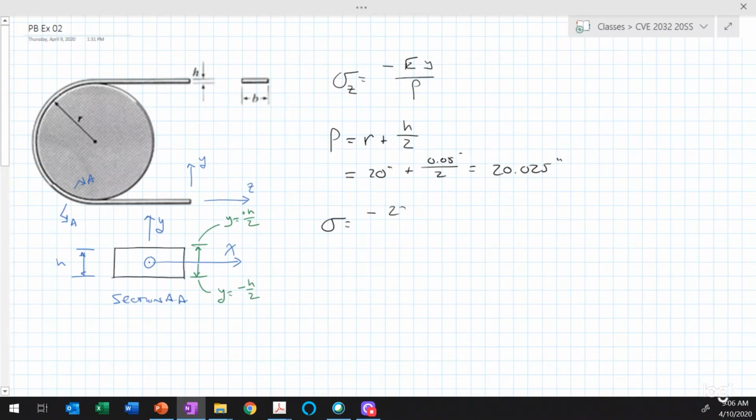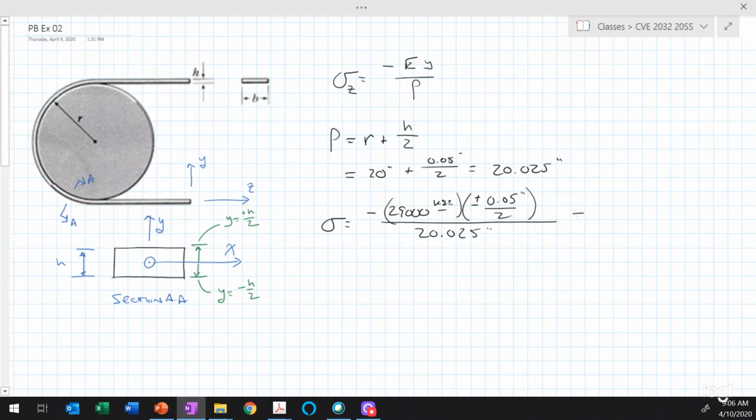I'll say minus E, so this is 29,000 KSI. And then I'll put in plus or minus h over 2. So that is 0.05 inches divided by 2. And then in the denominator, I'll put in our radius of curvature, 20.025 inches.